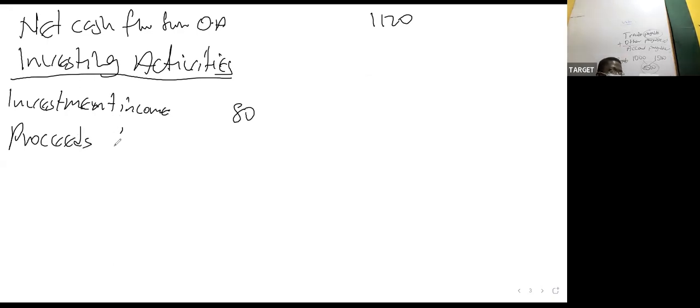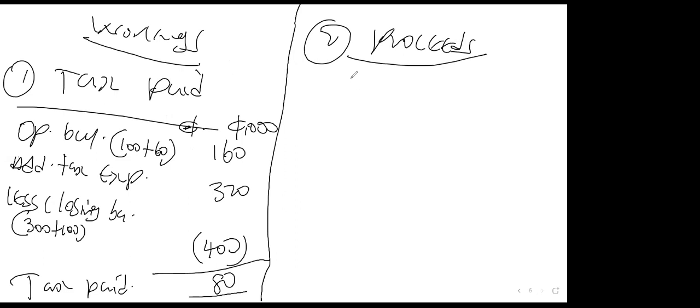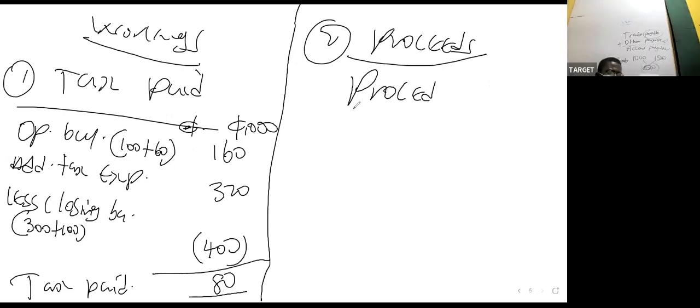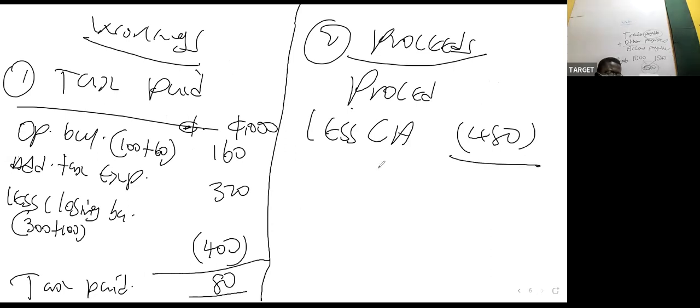Proceeds from where? Who can compute it for me? How do you compute the proceeds from disposal? It must start with the proceeds. We don't know it, right? Less carrying amount. They give us carrying amount to be 480. After lessing, they had a loss on disposal of 180.